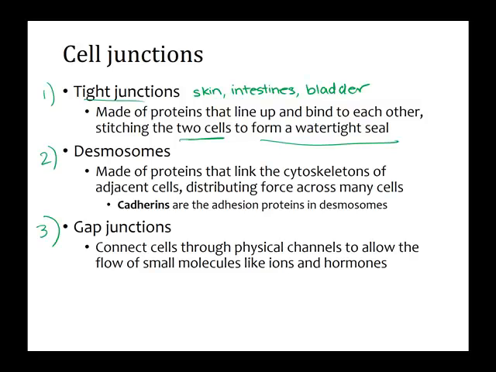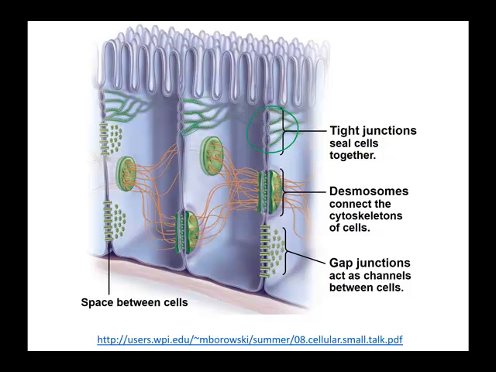Desmosomes are another one of our cell junctions. And desmosomes, I kind of think of them as like these really, really strong rivets. They rivet cells together. They really heavily link cells together. They are not waterproof though. So when we look at desmosomes, this is a desmosome right here. Notice how the desmosome is linking one cell's cytoskeleton to another cell's cytoskeleton.